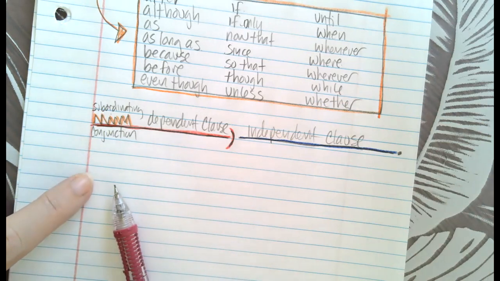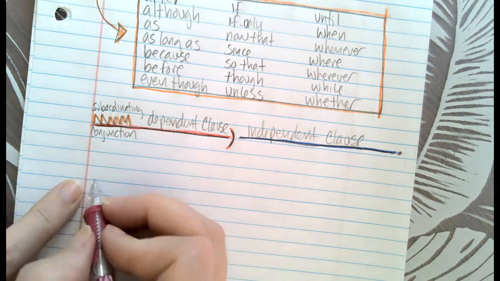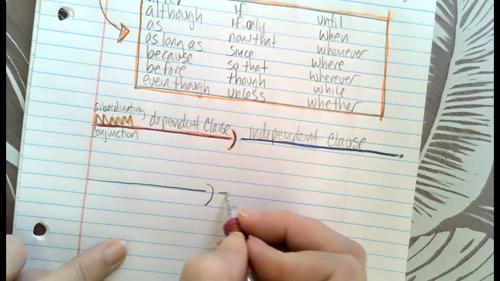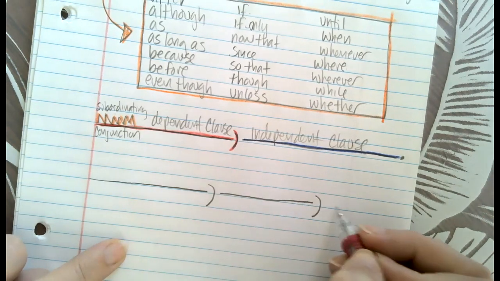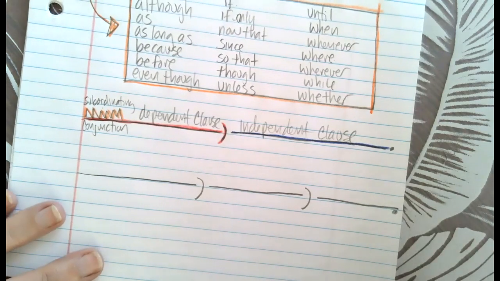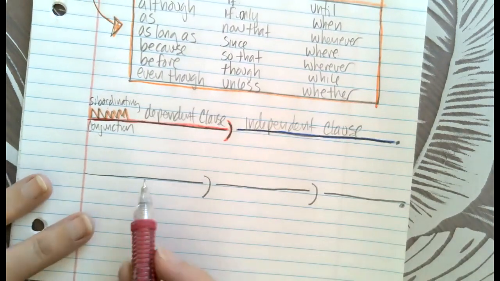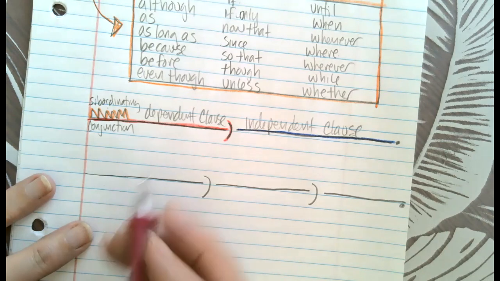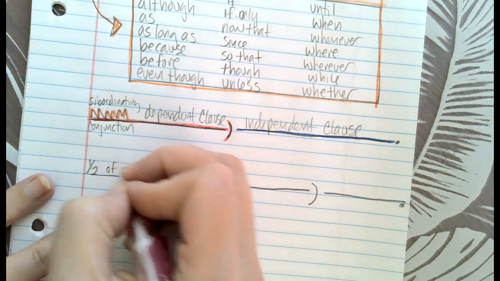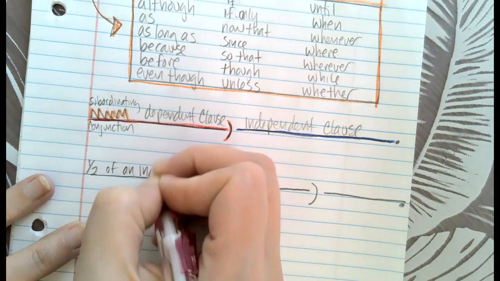Okay, the next sentence frame is going to be right here, and then a comma, and then another line, and then a comma, and then another line. Okay, this is a pretty commonly used one. So this one, we're going to begin the sentence with the first half of an independent clause.